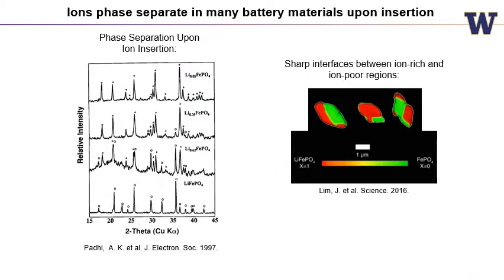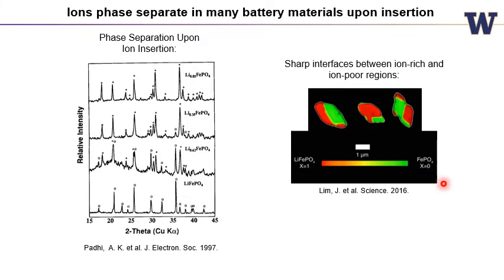Inorganic materials behave in a much different way than these conjugated polymers. Here's an example with iron phosphate, a very typical lithium ion battery material. As we lithiate iron phosphate, you can see that we don't see peak shifts. What we see are new peaks appearing, and this is indicative of a structural phase transition as the lithium enters this material.